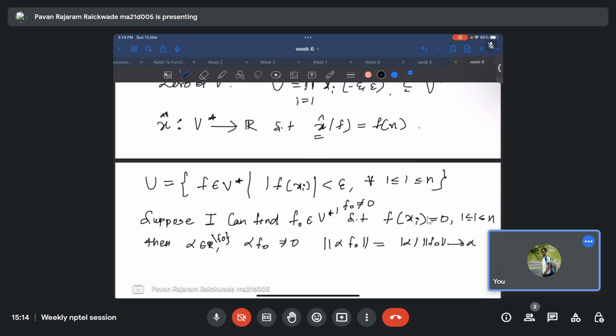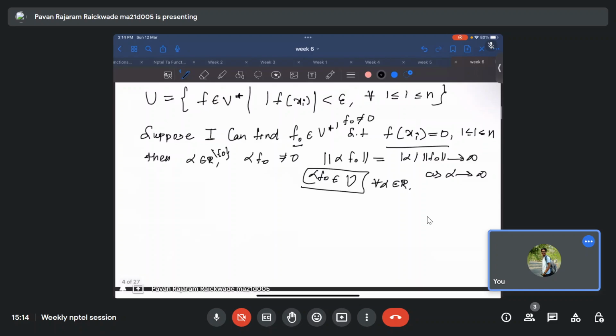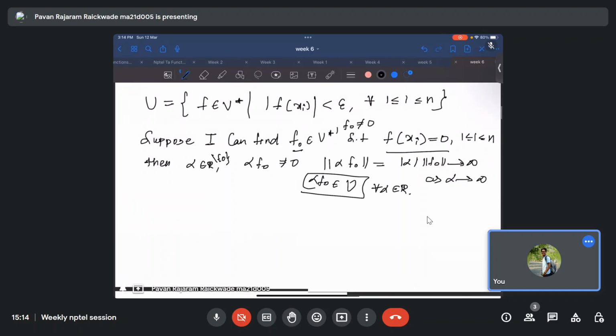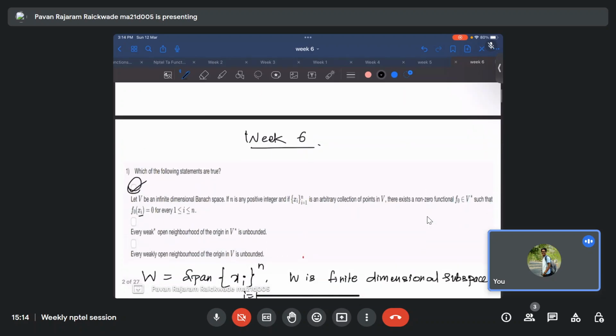So if I get such an f naught, then U is unbounded, because alpha f naught will also belong to U for all alpha in R. The existence of such an f naught is guaranteed by the first option: if you collect finitely many xi, then by the separation theorem there exists an f naught such that f naught at xi is zero for every i from 1 to n.